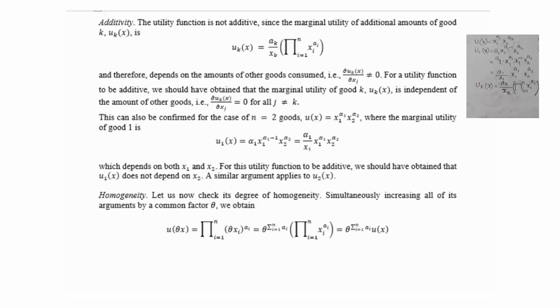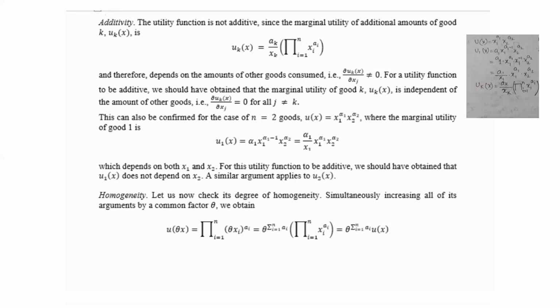And we know that to check if a utility function is homogeneous or not, firstly, we have to multiply the function with a common factor. Here we use the common factor as theta. So utility function is multiplied by theta.